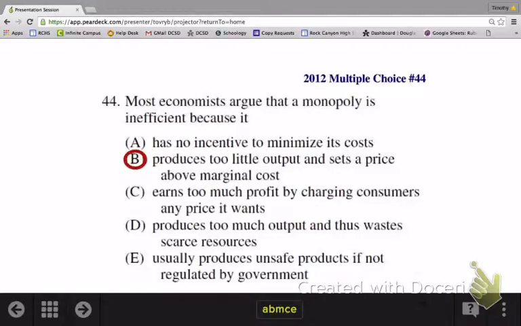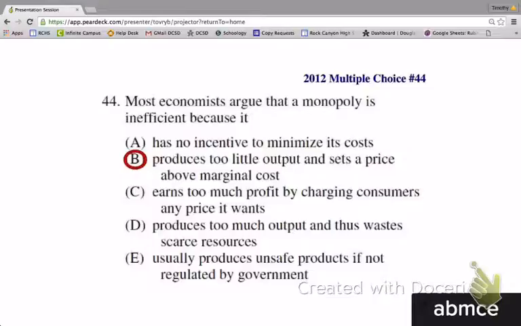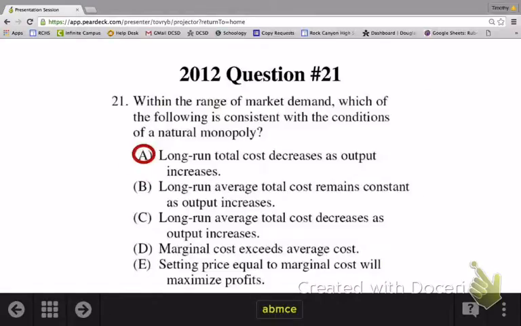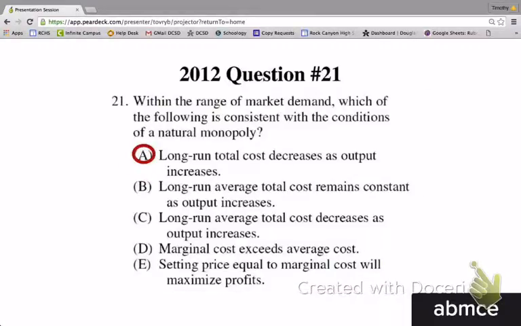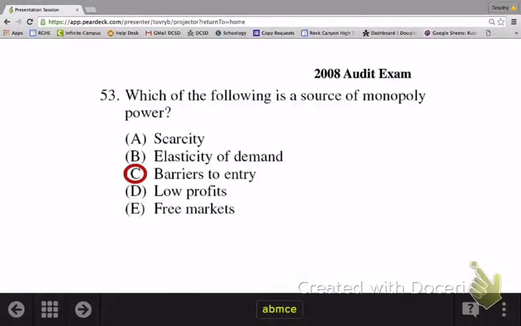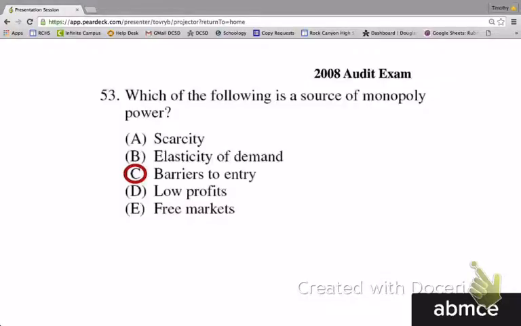Here's another practice question from the 2012 multiple choice section, number 44. Question number 21 from the 2012 AP exam. Question 53 from the 2008 exam.